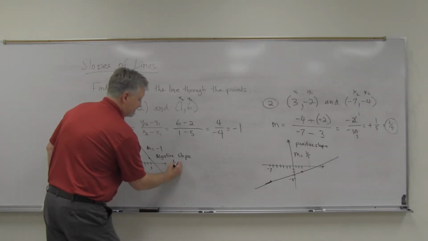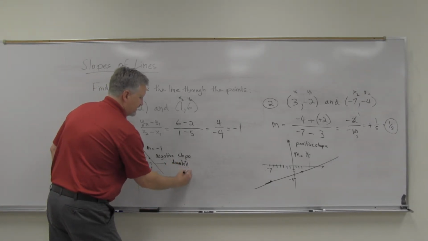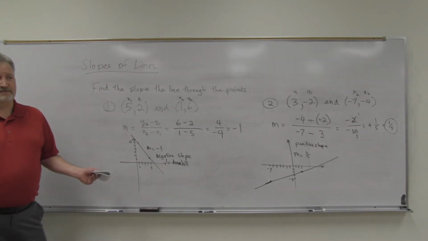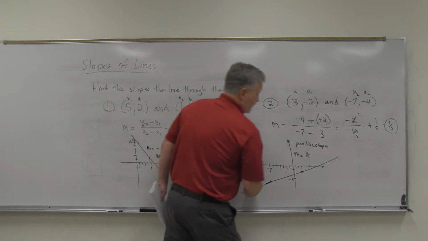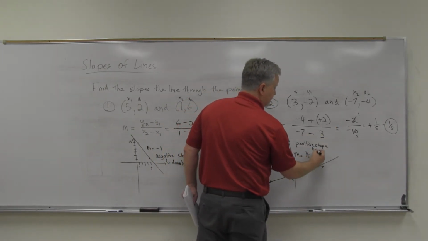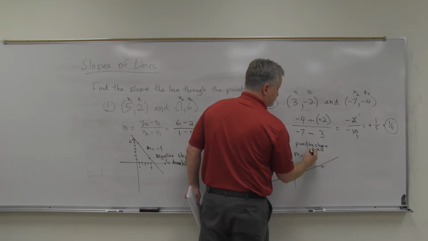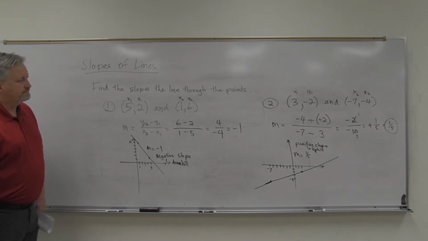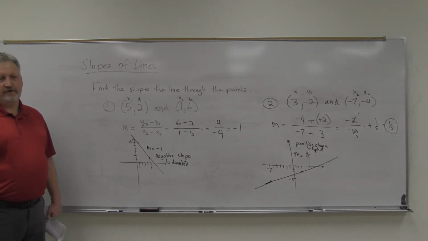And that's not just for this one, for any line that has a negative slope, it's downhill. This positive slope, from left to right, goes uphill, and that's always the case for positive slopes. They go uphill from left to right.